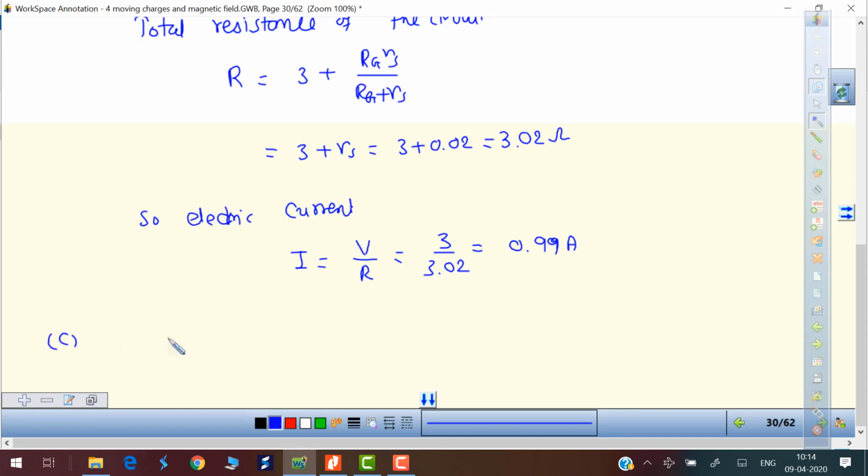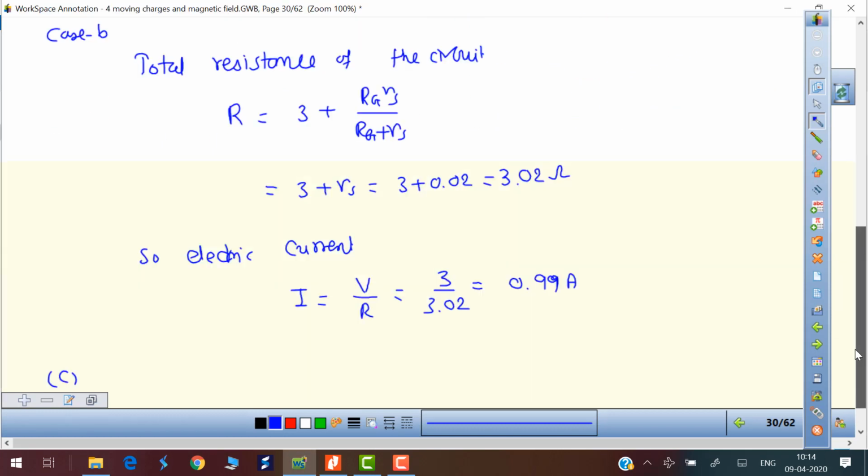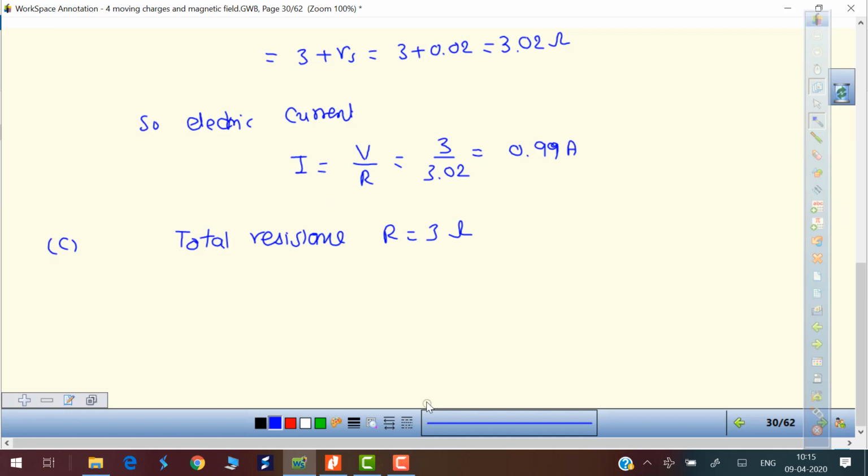And C, ammeter is ideal, so zero resistance. So circuit resistance કેટલો થઈ જશે? So total resistance is nothing but 3 ohm. And so I is equal to V upon R again. So 3 upon 3 is equal to 1 ampere.